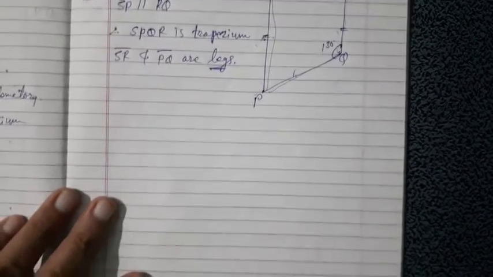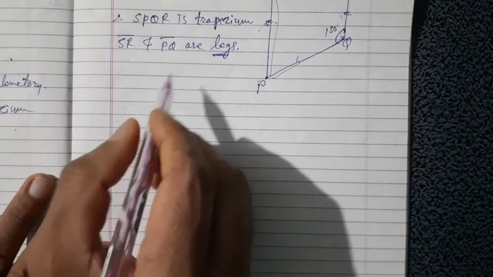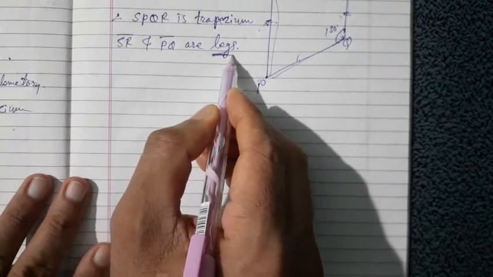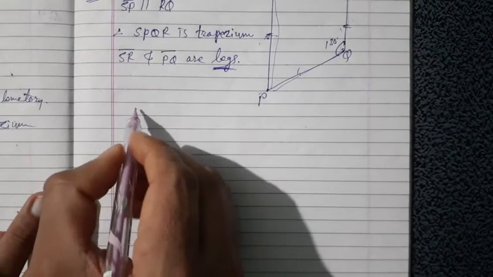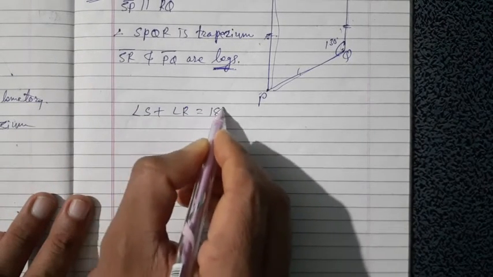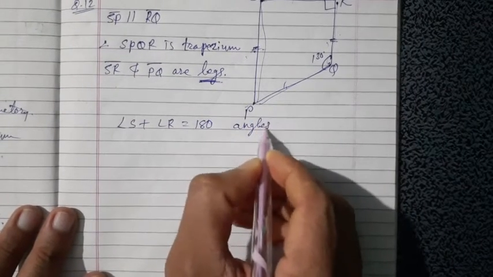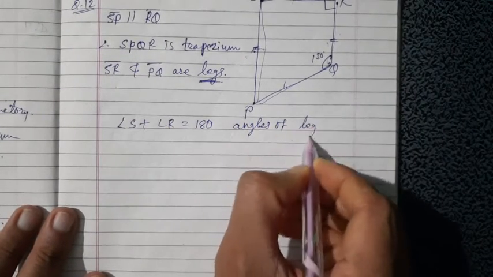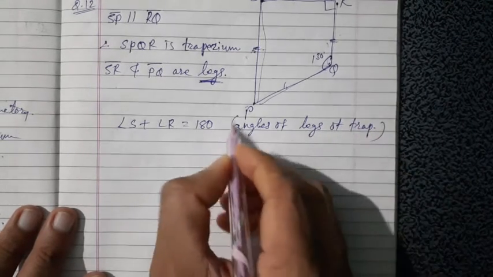Now for a trapezium, the sum of the angles of the legs is equal to 180 because they are supplementary. So angle S plus angle R equals 180, because they are angles of the legs of the trapezium. Look here, the sign of a right angle is there, which means 90 degrees.